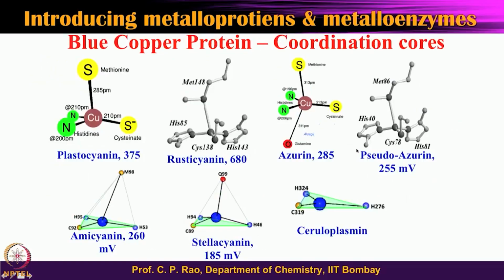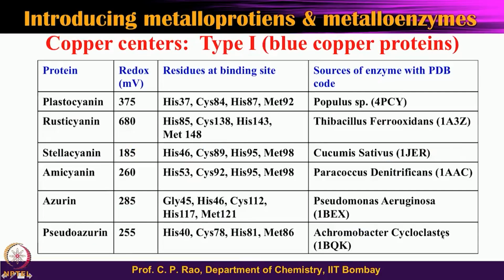On this slide you would see just the copper coordination spheres. Here, what exactly is bound? One does not need to remember numbers like histidine 37, cysteine 84. All one needs to know is there are 2 histidines, 1 cysteine and 1 methionine in plastocyanin. In azurin, there is 1 glycyl CO, 2 histidines, 1 cysteine, 1 methionine.